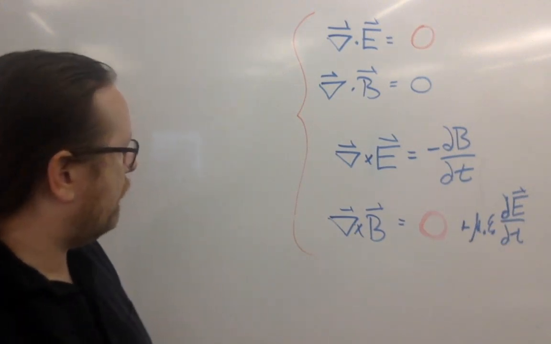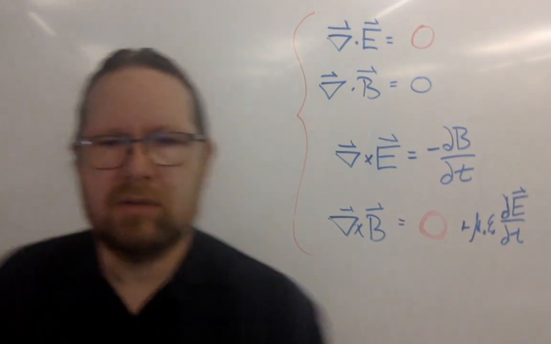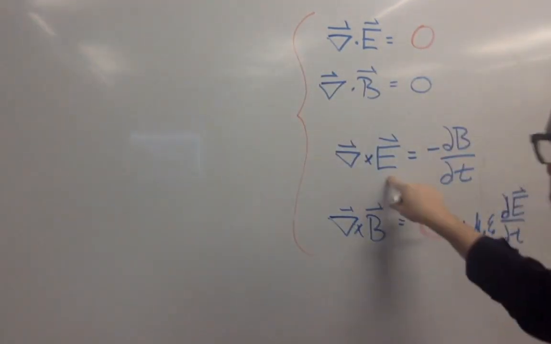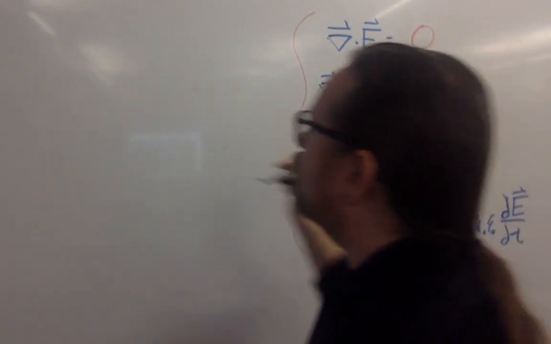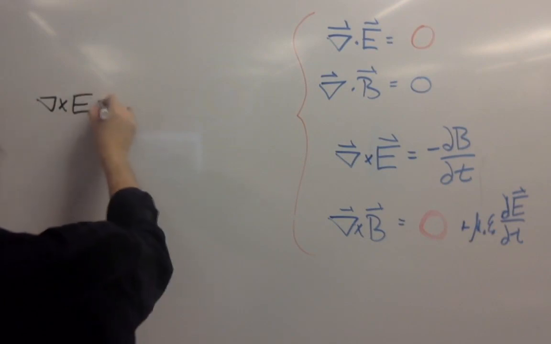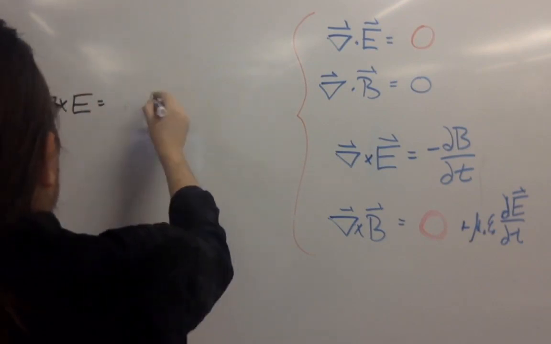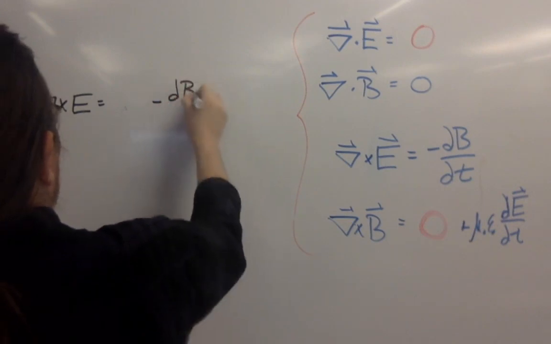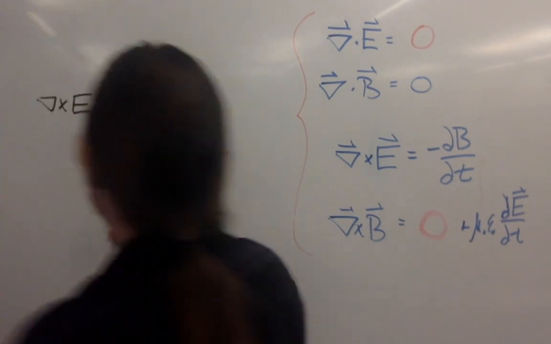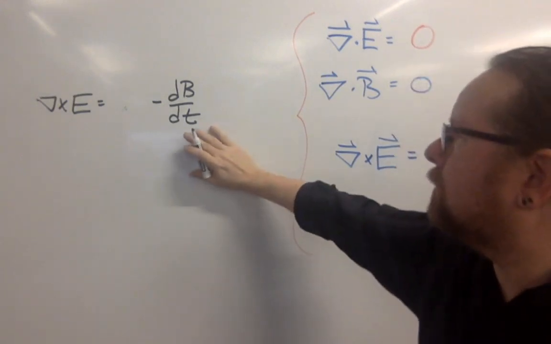Let's try that. I'm going to do something that's mathematically suspicious. I'm going to take this equation, curl of the electric field equals minus dB dt. I'm going to get rid of the partials for now, just write my differentials as derivatives.